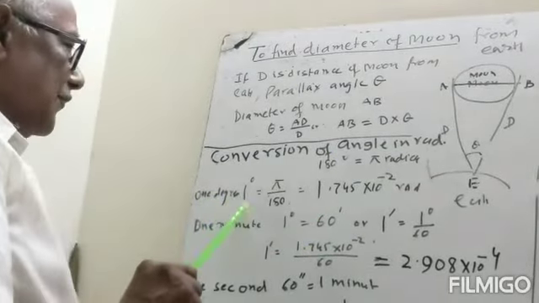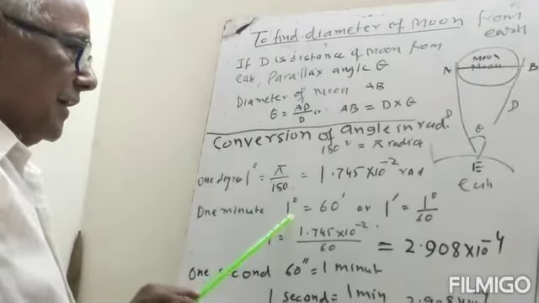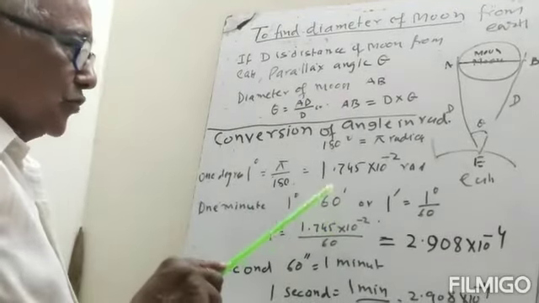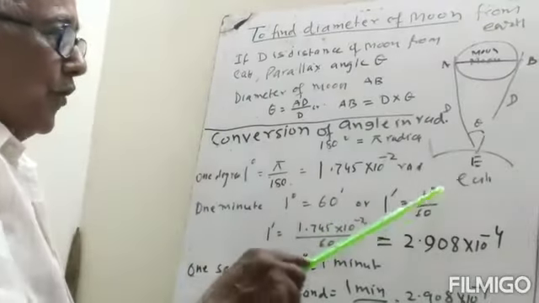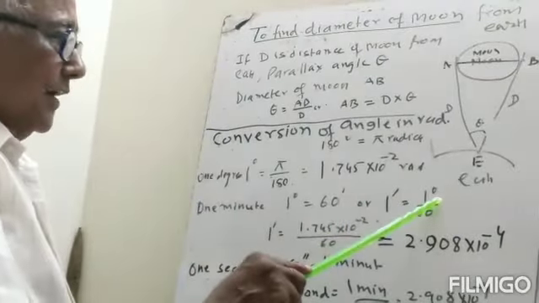Now if we want to find 1 minute: in 1 degree there are 60 minutes. So 1 minute will be equal to 1 degree divided by 60. We write 1 minute as 1 dash, which is the standard symbol for 1 minute.